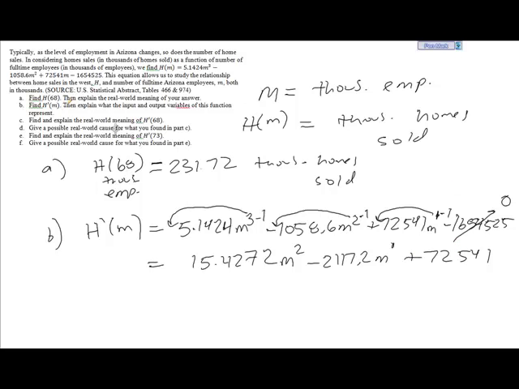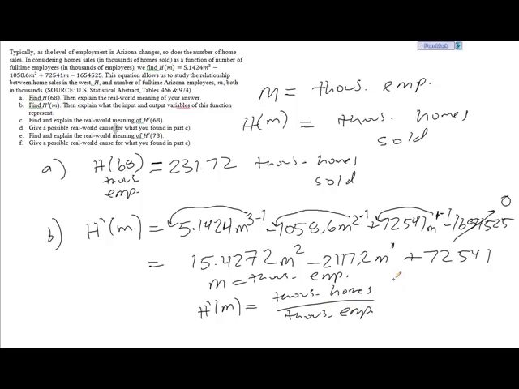Now we want to explain what the inputs and output variables of this function represent. Well, m doesn't change. That's still 1,000 employees. But now we have a rate of change function, so h prime of m, the output, is going to give me 1,000 homes sold per 1,000 employees.